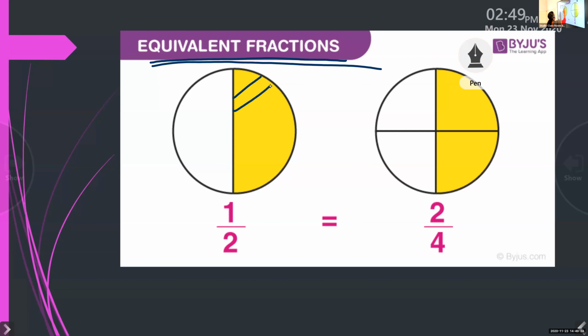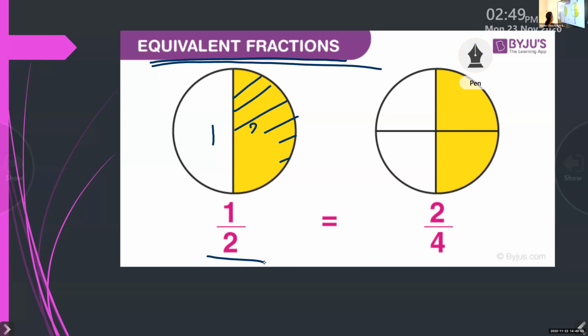So here, what is an equivalent fraction? Fractions that denote the same part of a whole. Here we have one part out of two parts. The total number of parts we write below, and the parts taken we write above. Ryan, can you tell me which is the numerator in the fraction 1 by 2?